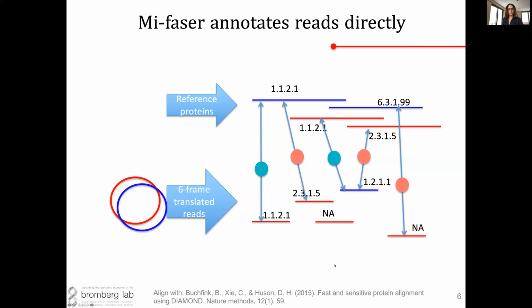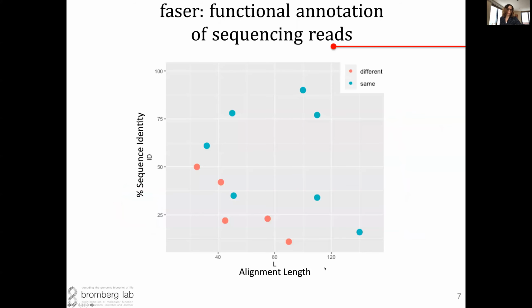So we did this for a large set of proteins and the randomly generated reads that we had. And we plotted them into a space of alignment length versus sequence identity. And what we very clearly saw here is that the majority of the correct alignment, that is indicating that a read has a particular functionality that belongs to that specific protein, is actually up in this upper hand corner over here.